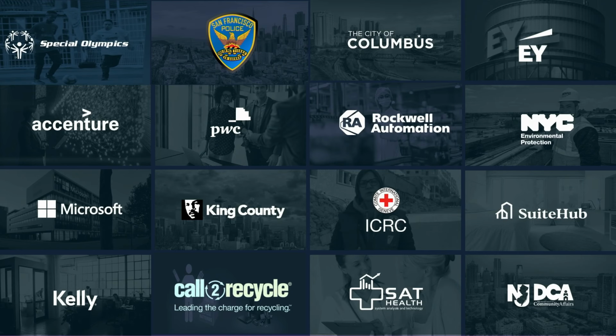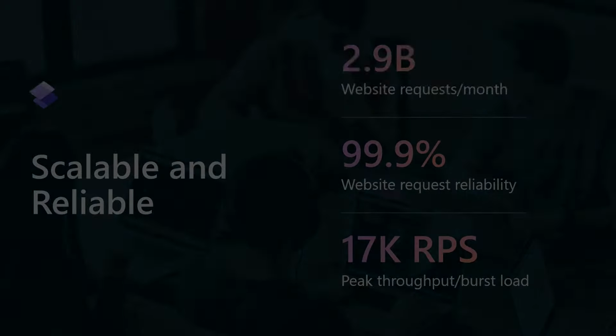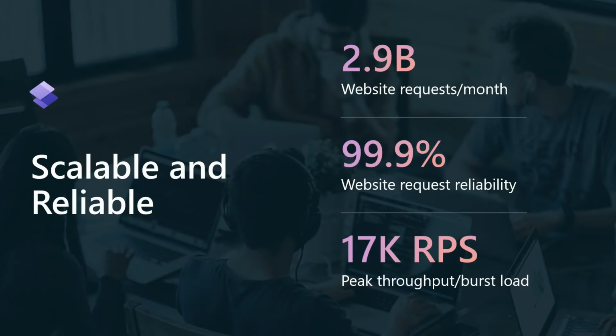We have customers from the public sector, government, citizen services, financial services, healthcare, automotive, retail, manufacturing, and beyond, rapidly deploying and running mission-critical workloads on the platform. And Power Pages provides a robust, battle-tested, scalable, and reliable foundation for customers to run these business-critical workloads.